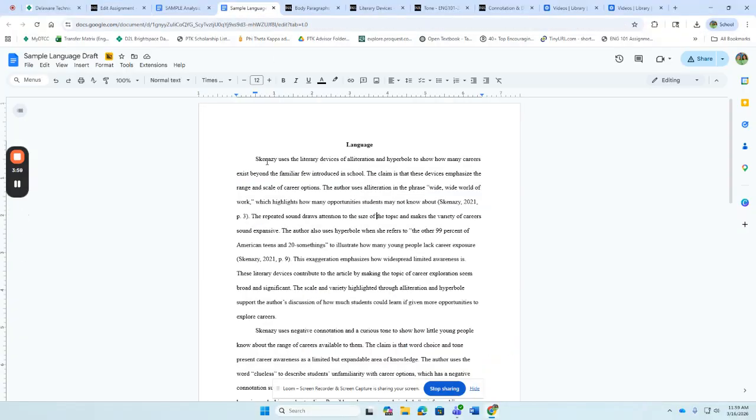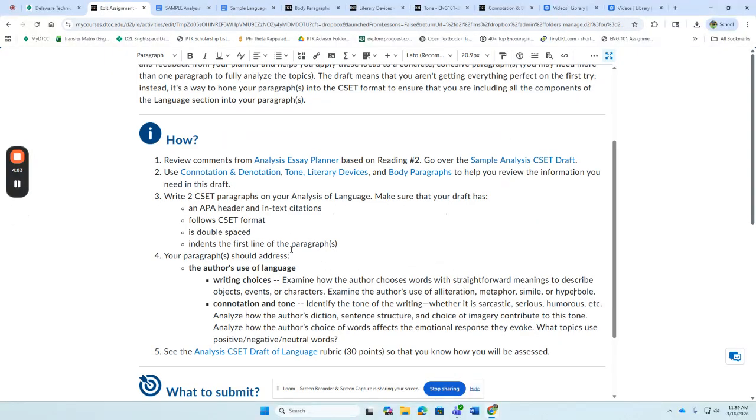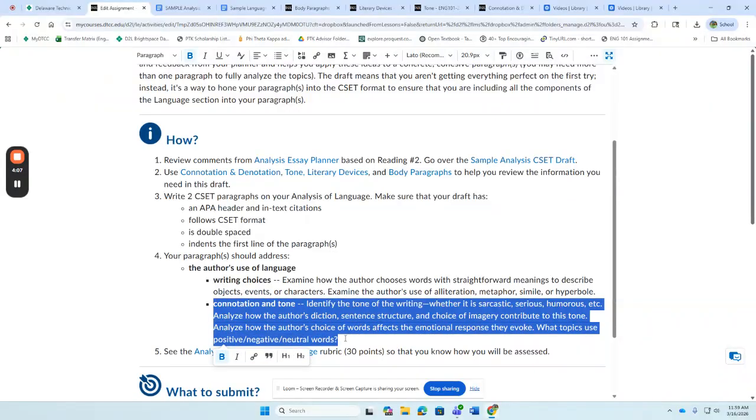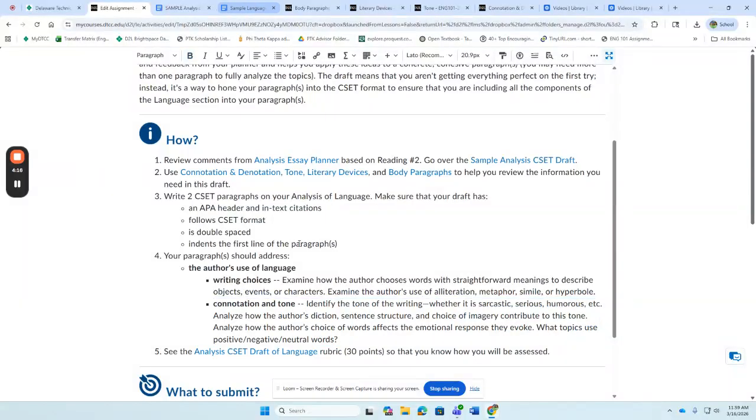You will be talking about 2 of those devices in that first paragraph. In the second paragraph, you'll be discussing both connotation and tone together because really they work together. And so these are the 2 paragraphs that you are completing for this assignment. Now, how do I do this?